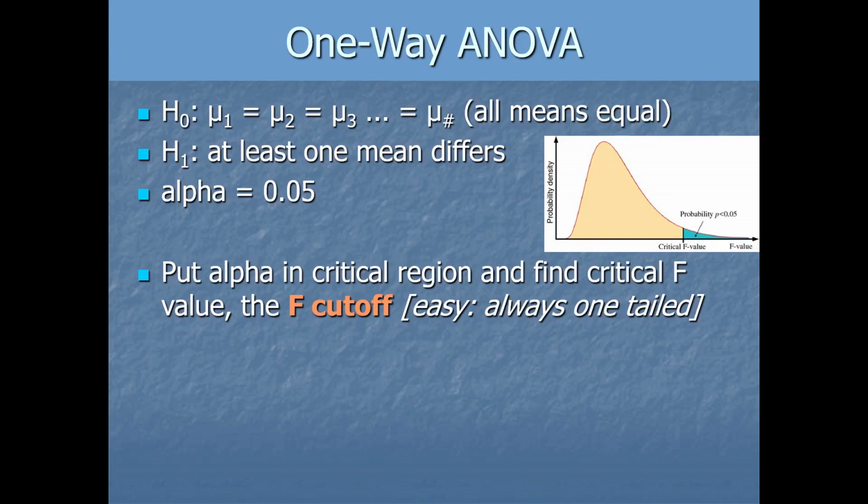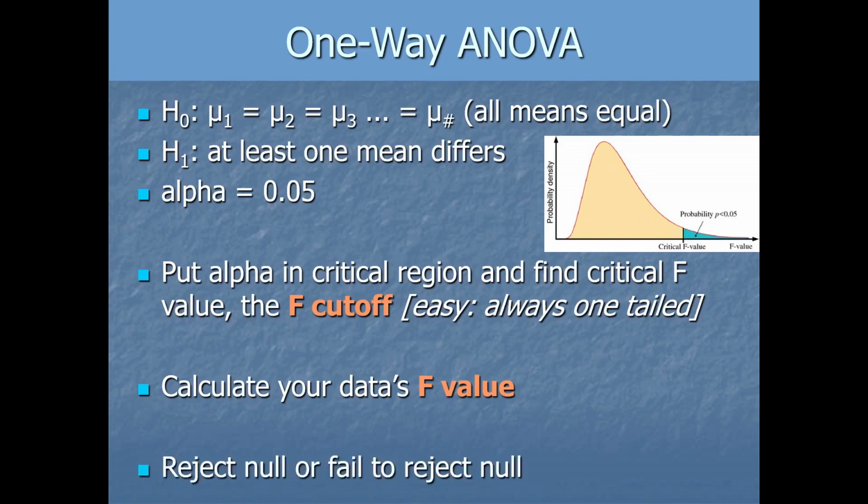So then the next step, once you've looked up that F cutoff value, is to calculate your sample's F value, so you can see if it falls beyond that cutoff or not. If your F value is bigger, if it's out here, then you're in the rejection region, right? So if yours falls beyond the cutoff, you would reject the null hypothesis. If it doesn't, we say you would fail to reject the null hypothesis. In other words, you can't really conclude much.